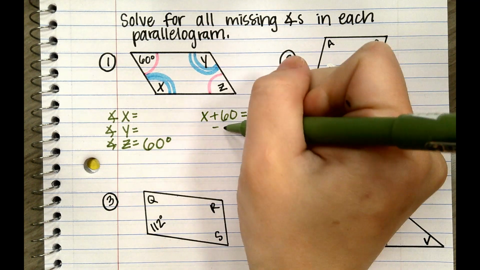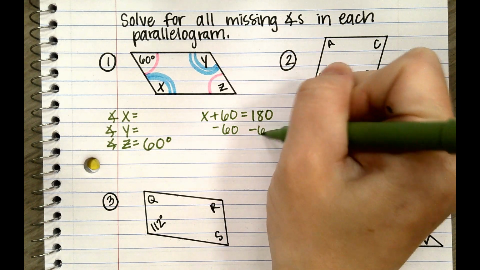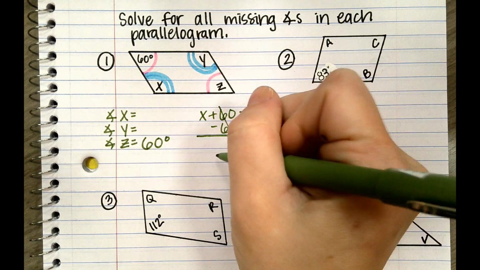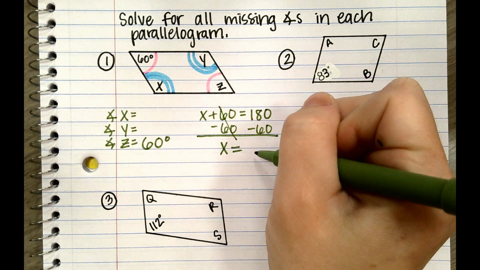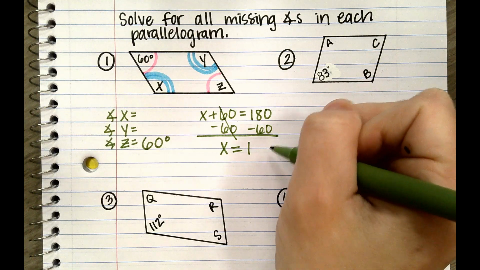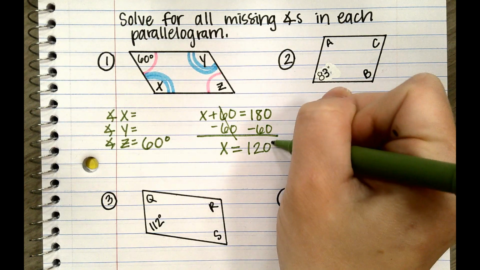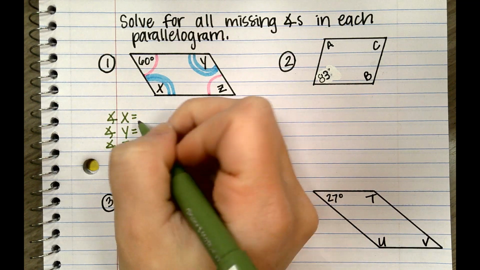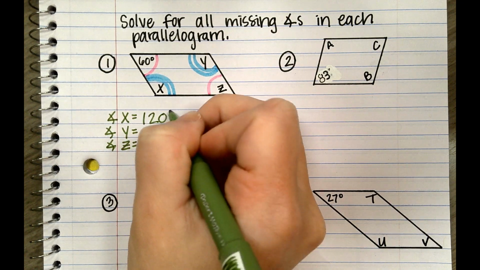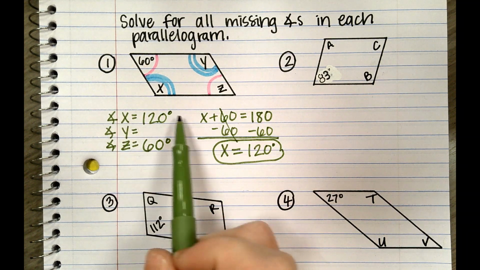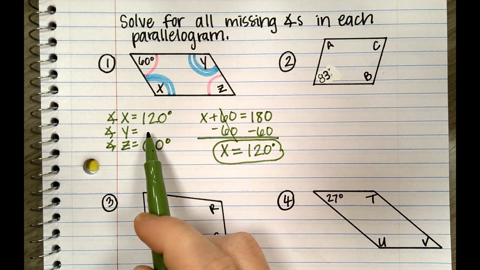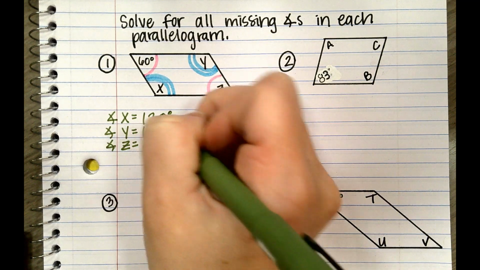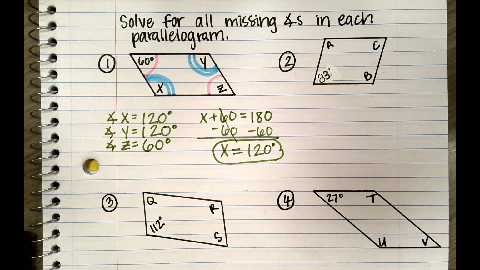Subtract 60. Then we would get X equals 120, I believe. So now I know that angle X is 120 degrees. And if I know angle X is 120 degrees, so is Y. Those are equal. Good. Perfect.